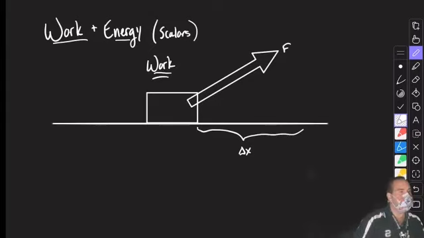Positive work increases an object's energy. Negative work decreases an object's energy. Again, whenever you use a force to change something's position, you're doing work. Positive work increases an object's energy. Negative work decreases an object's energy.